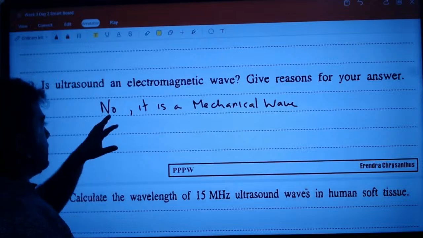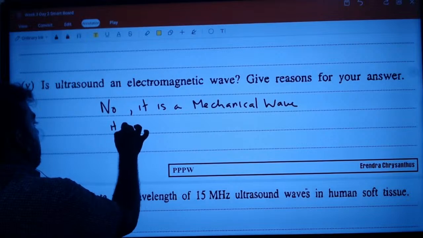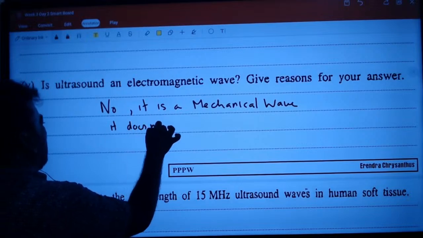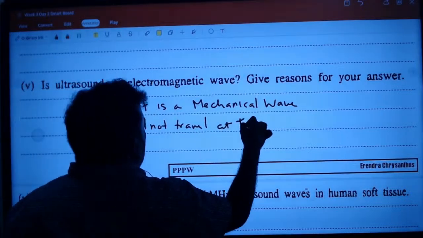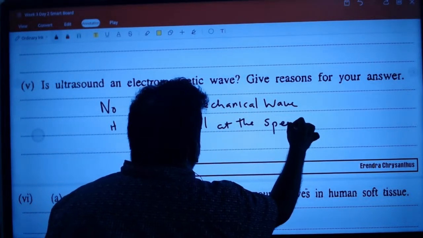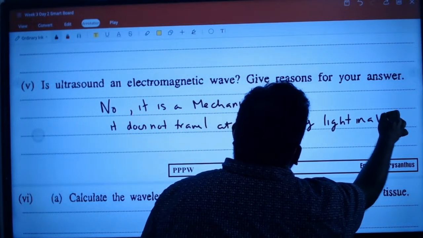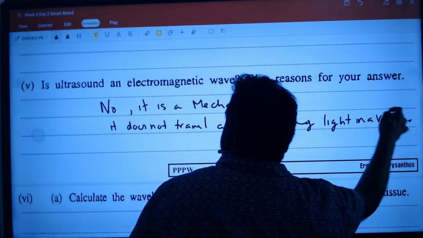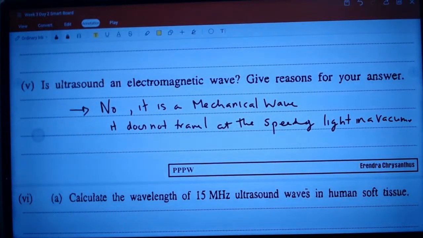So it's mechanical, otherwise it doesn't travel at the speed of light in a vacuum. That is also a good answer. This one is also okay. No, it's a mechanical wave. It does not travel at the speed of light in a vacuum. Right. Okay.